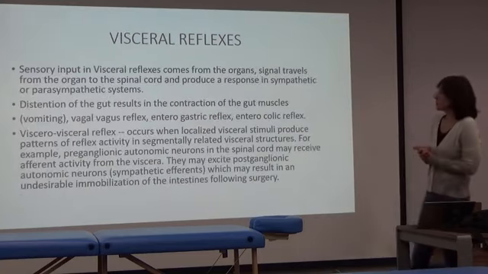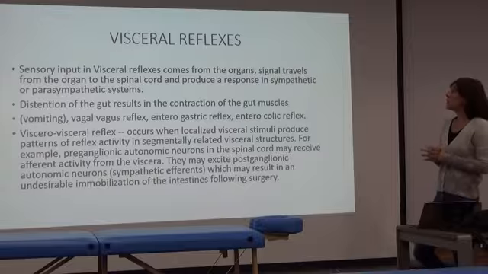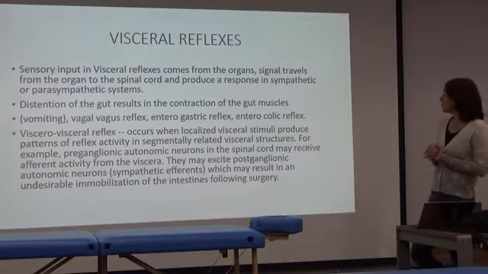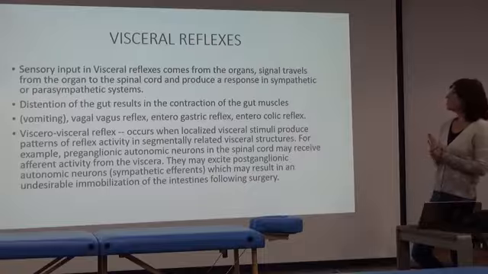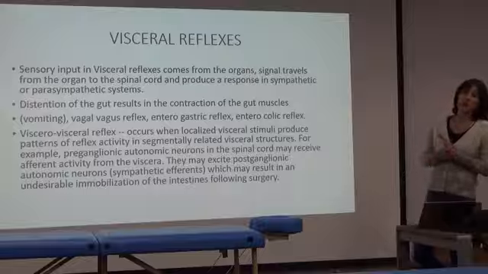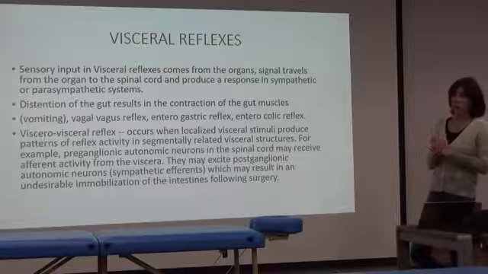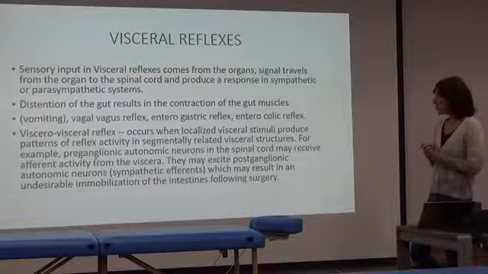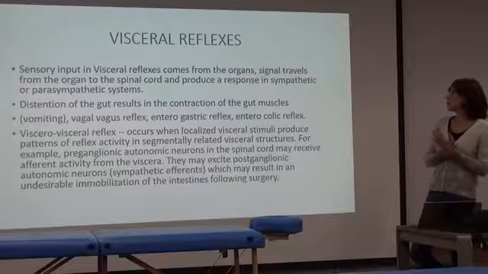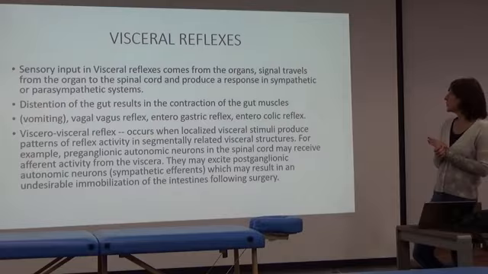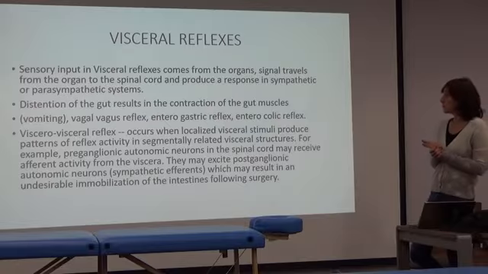Now, visceral reflexes. These come from sensory input in viscera, so from organs, and the signal travels from the organ to the spinal cord and produces a response in the sympathetic or parasympathetic system. Of course, it's also unconscious. So, for example, distension of the GIT results in the contraction of the GIT muscle.